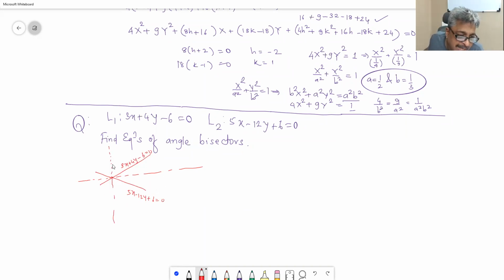Both the bisectors will pass through the point of intersection. So it is good to find the intersection. Cramer's rule: 3x plus 4y is equal to 6, 5x minus 12y is equal to minus 6.